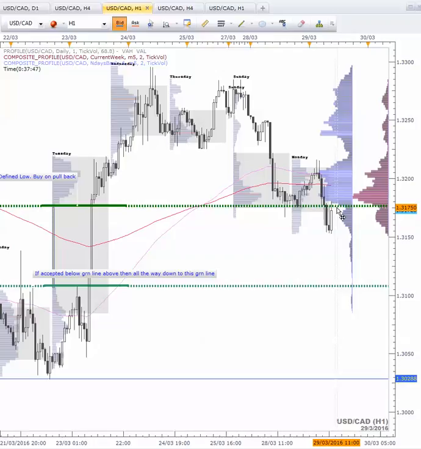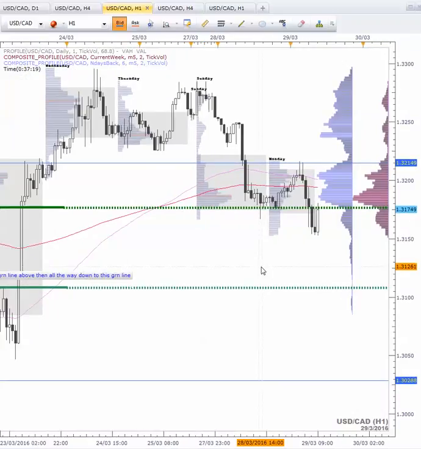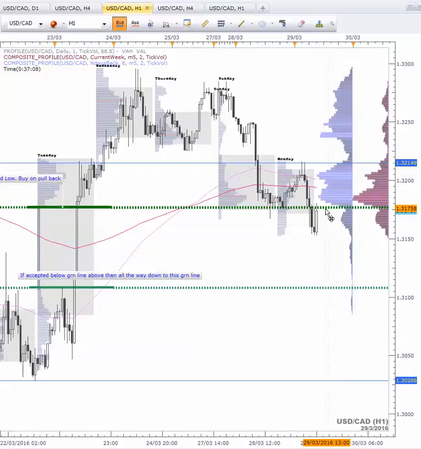If it gets above this green line and starts to get accepted there, then it'll likely rotate all the way up to the high of this balanced distribution, back up to 132.149, and that'll put me in the value area of yesterday.